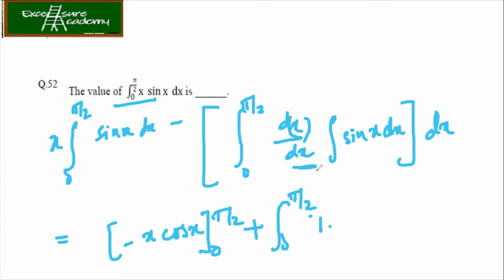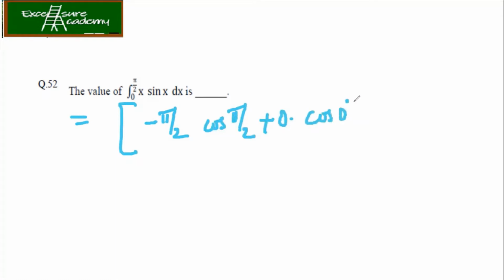This portion will become 1. Then once you put the value of pi by 2, what you get is 0 times cos value, plus sin x with value from 0 to pi by 2. Now we know that cos pi by 2 is 0 and cos 0 is 1.